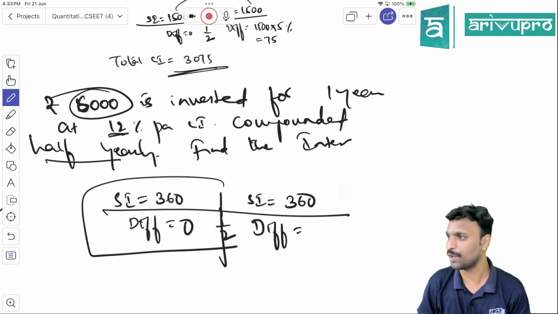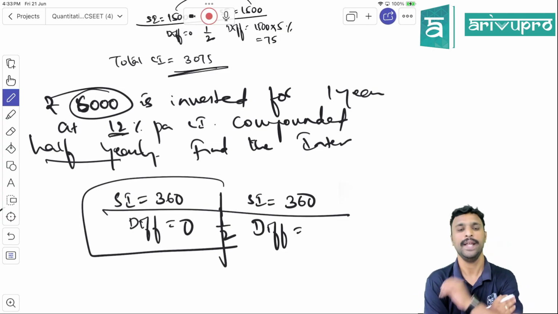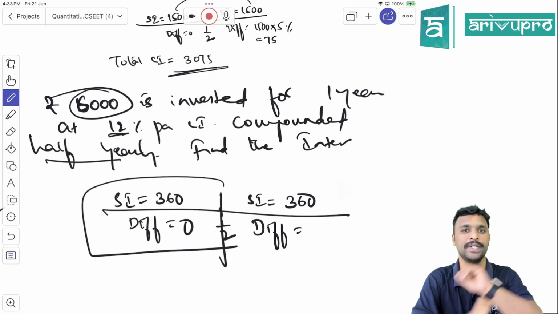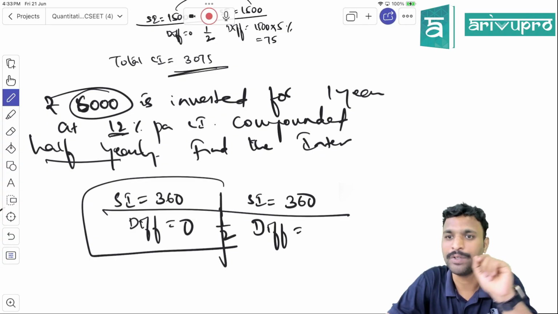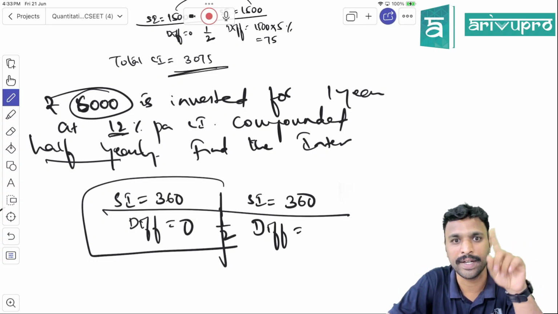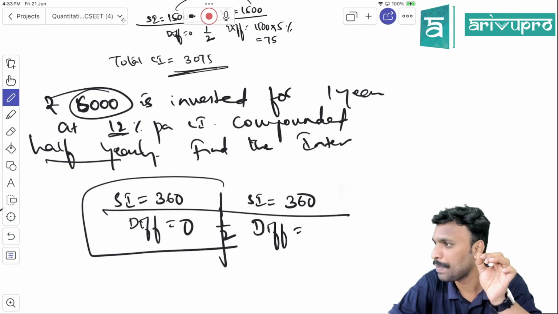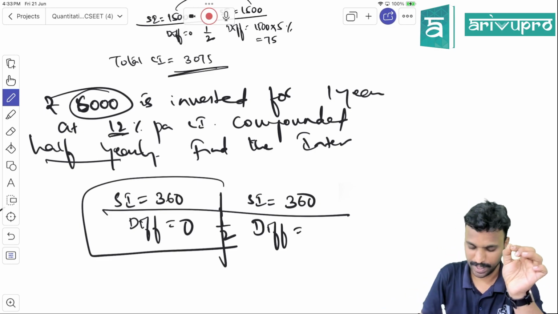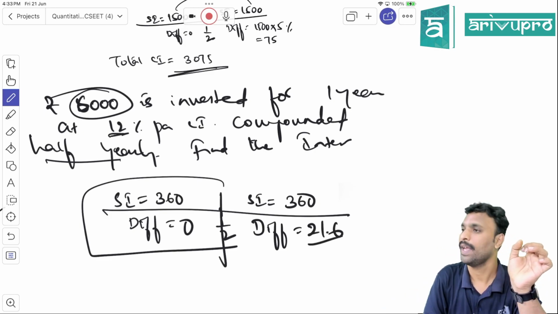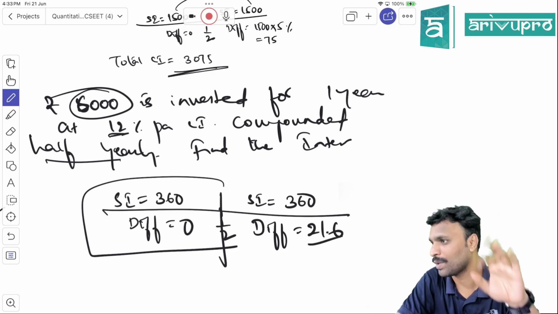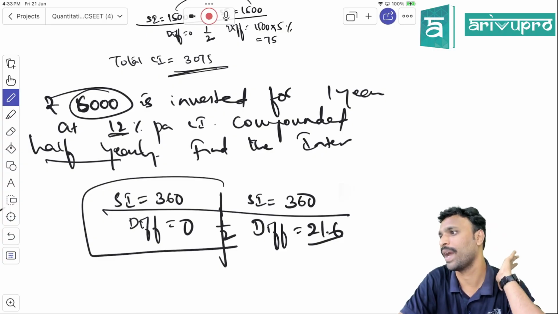Because only the second half year, so 6%. 6% of 360: 300 into 6% is 18, 60 into 6% is 3.6. 18 plus 3.6 is 21.6. You put the total sum, that is the CI for 1 year at half yearly compounding.